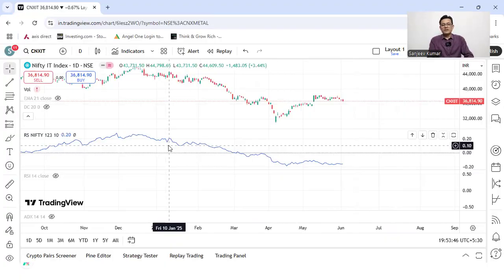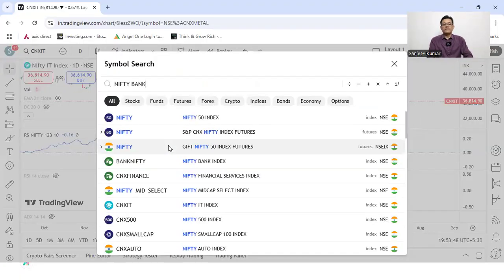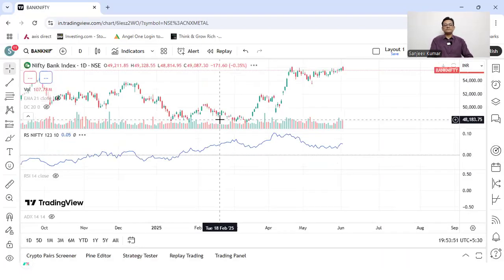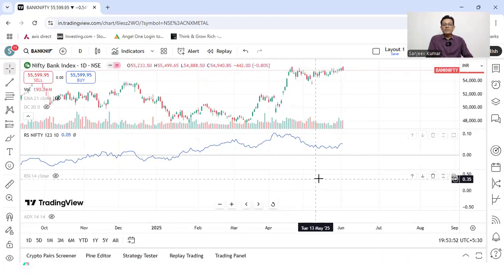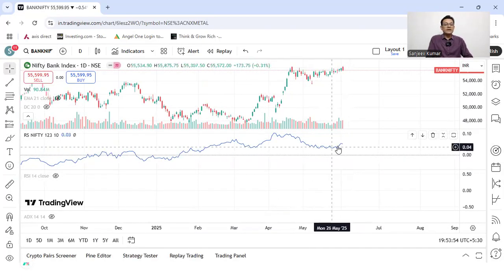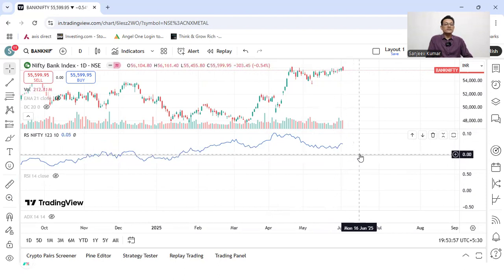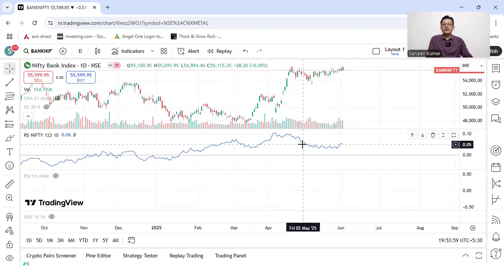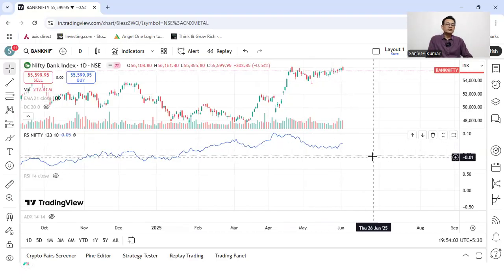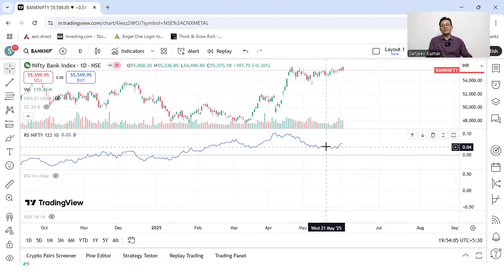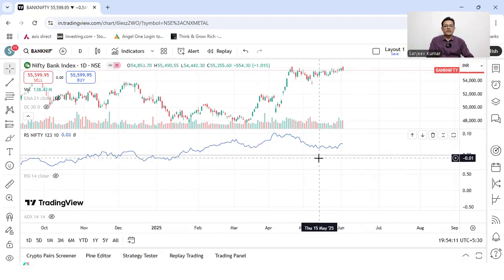Now open Nifty Bank. You can see Nifty Bank is above the zero line. This zero line is for Nifty 50 and this blue line is for Nifty Bank. So this blue line is above the zero line. It means at present Nifty Bank is stronger than Nifty 50.